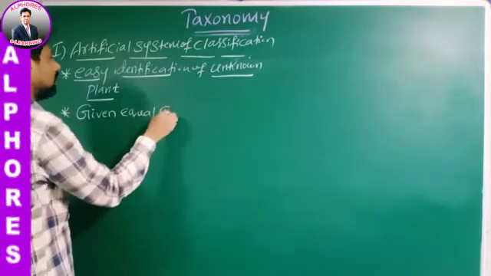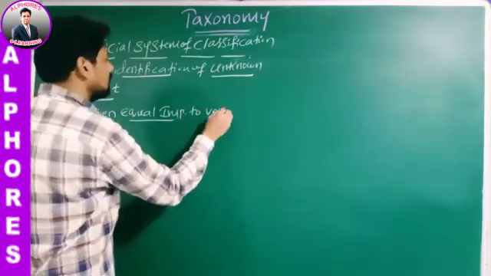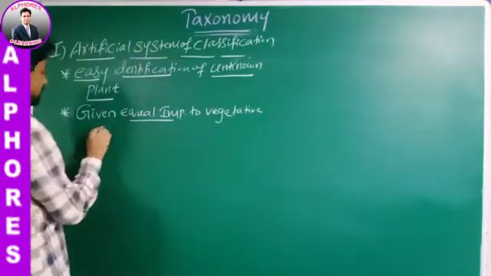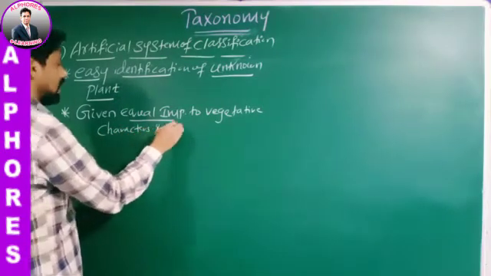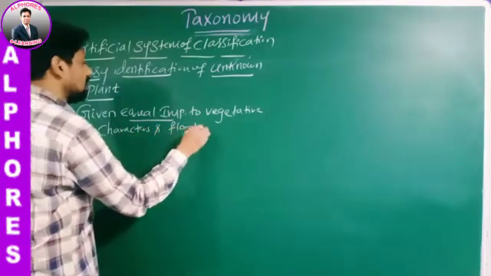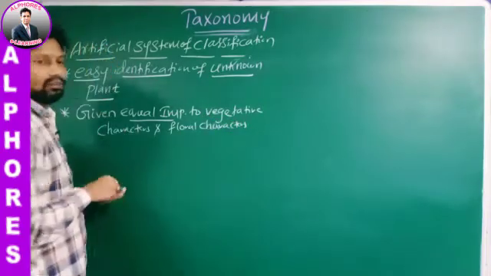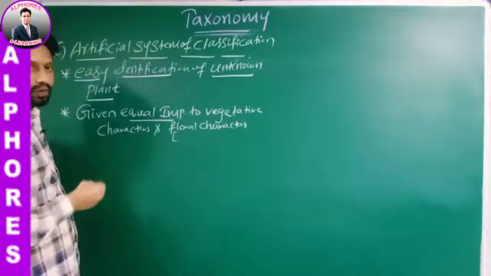Therefore, the artificial system of classification gave equal importance to what and what? Equal importance to vegetative characters and floral characters. Floral characters means sexual characters. Flower is the sexual reproductive unit of an angiospermic plant, no?